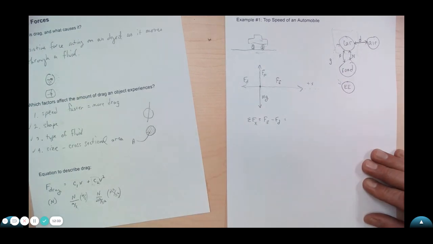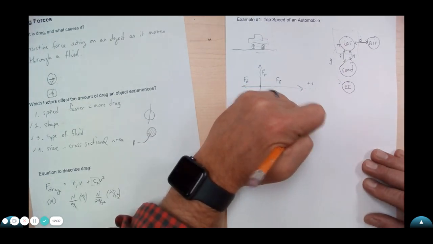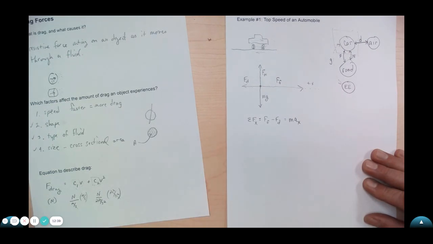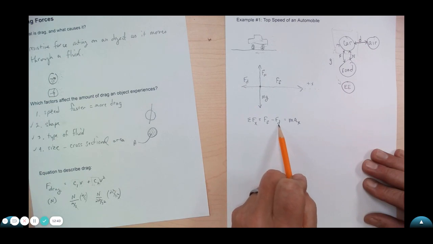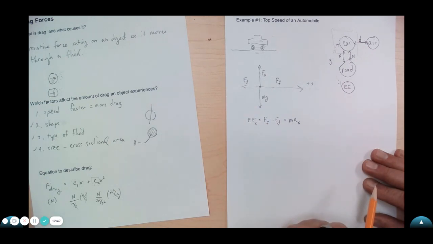And Newton's second law says that would have to be equal to the car's mass times its horizontal acceleration. So if F_F is bigger than F_D, this is non-zero. That means the acceleration is going to be non-zero. But here's the weird thing.